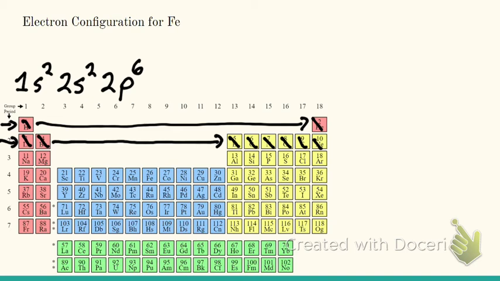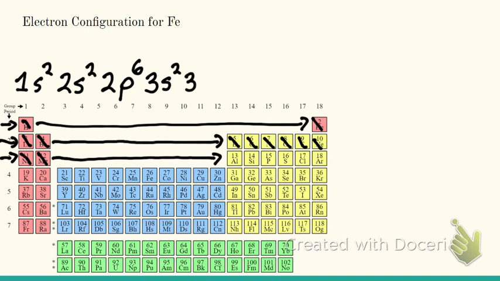We move on to the next. Now we are in row 3. We enter into our s block, and it's able to hold 2 electrons. Continue reading all the way over, still in row 3.